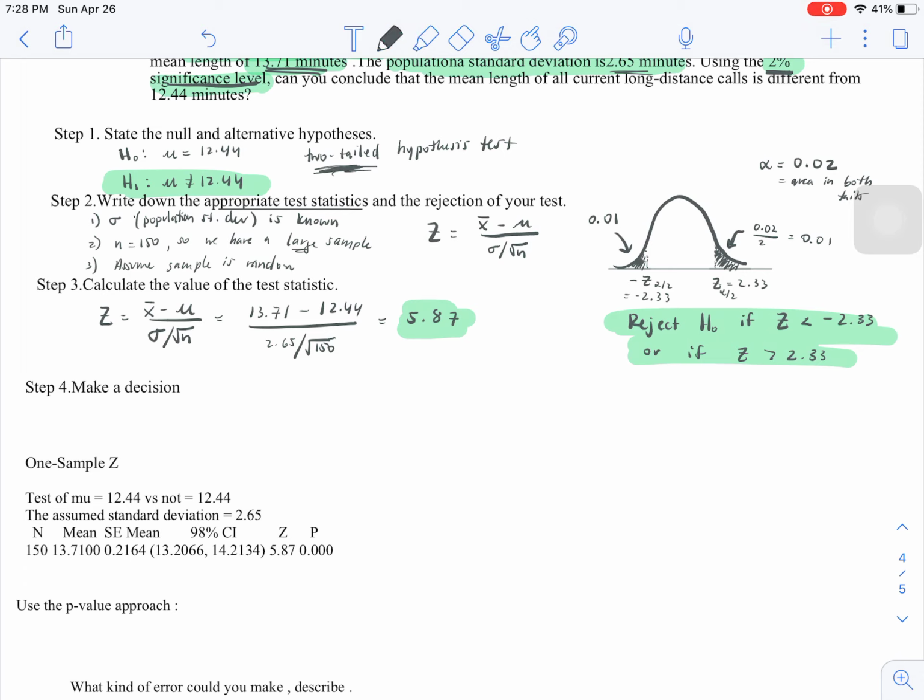Let's make our decision. We said we would reject our null hypothesis if our test statistic was greater than positive 2.33 or less than negative 2.33. Well, I can see that 5.87 is a lot bigger than 2.33. So I will reject the null hypothesis because the test statistic is greater than 2.33.